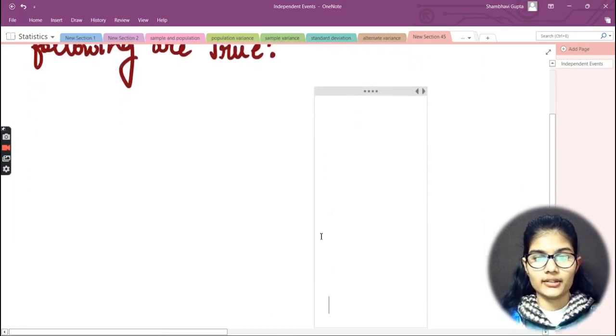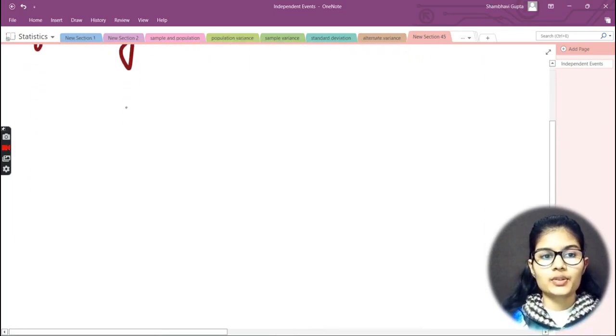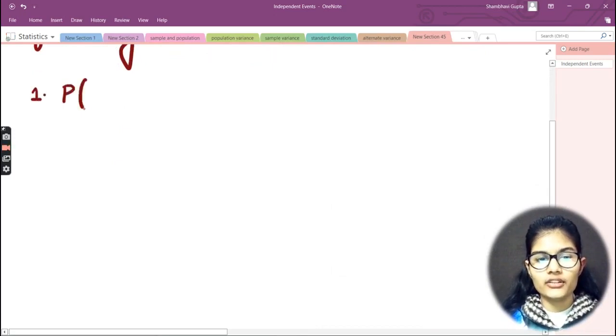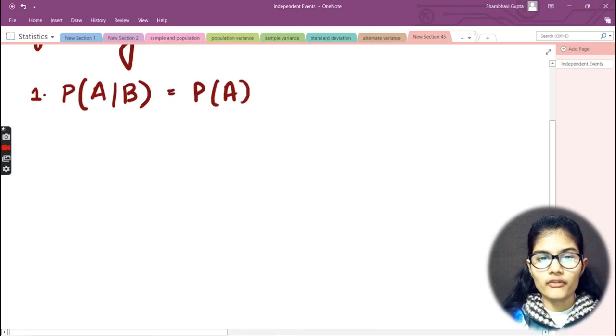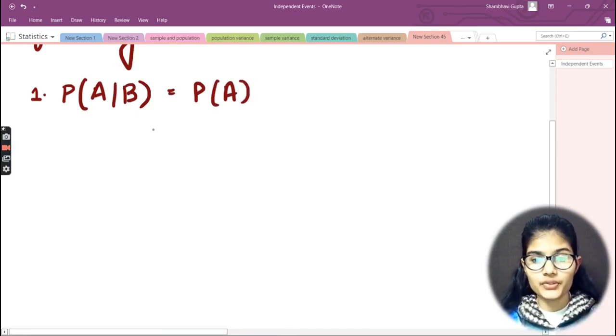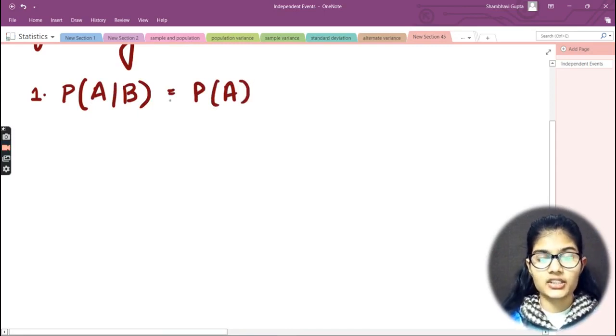Let me get down right here. The very first condition is that the probability of A given B is the probability of A. This is the very first condition that has to be satisfied if you are checking whether the respective events are independent or not.